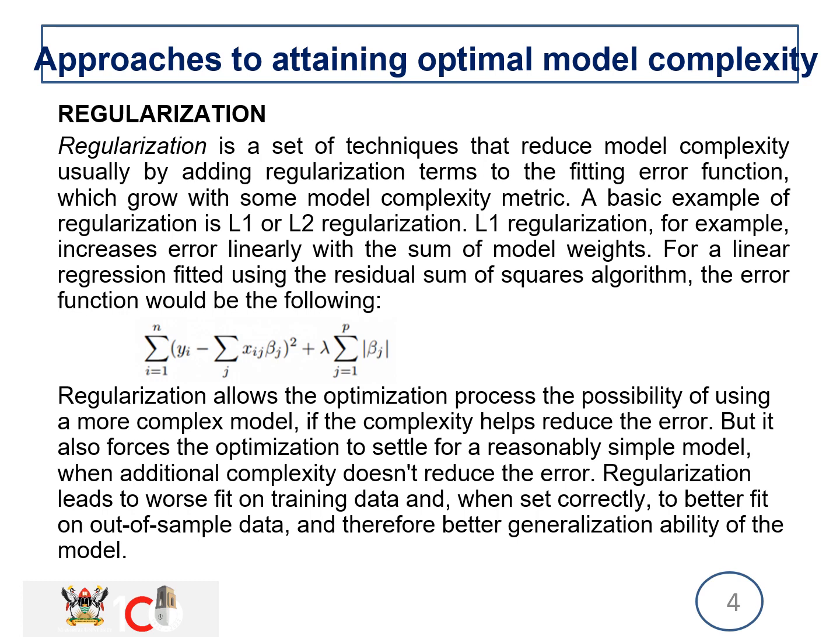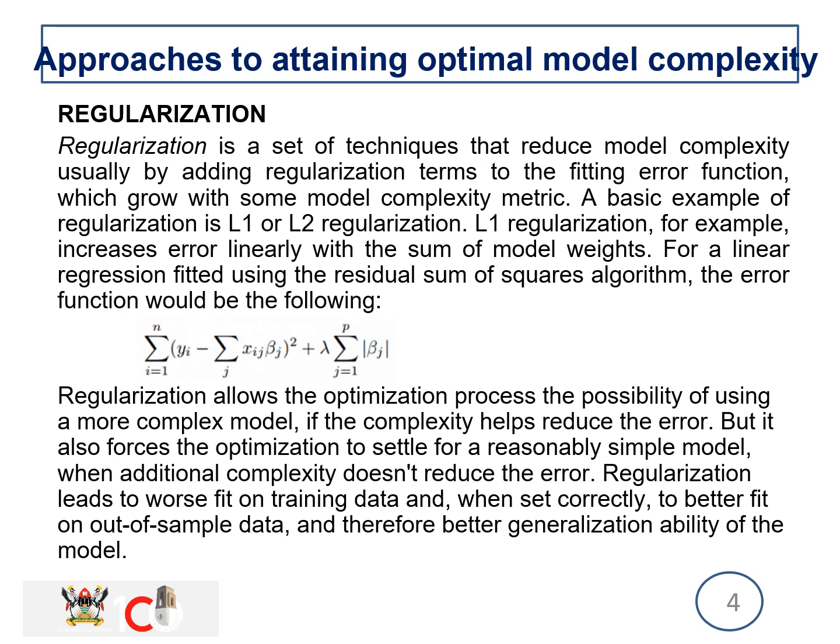What are some of the approaches that we're looking at to attain the optimal model complexity? We're looking at regularization here, which is a set of techniques that reduce model complexity, usually by adding regularization terms to the fitting error function, which grow with some model metric. A basic example of this regularization is L1 or L2 regularization.